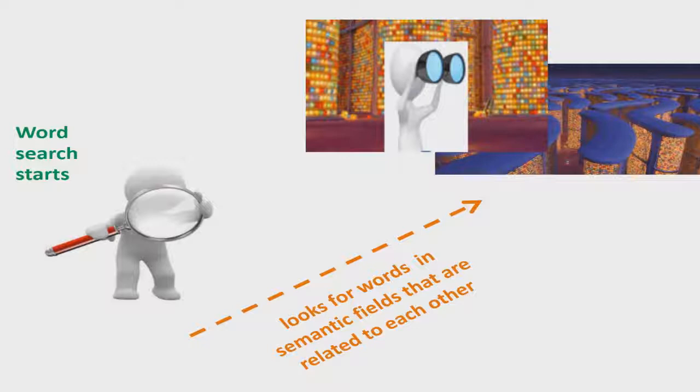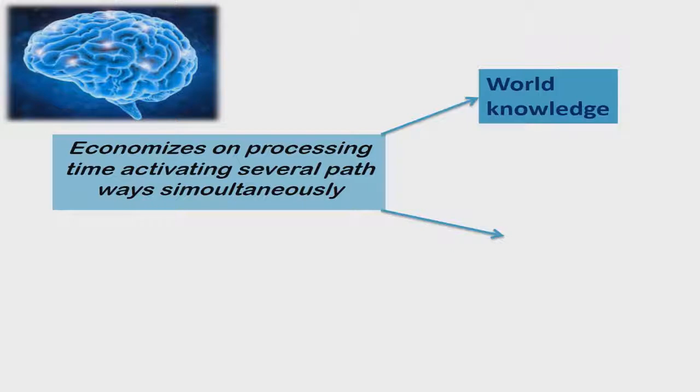Since the number of connections is enormous, the brain economizes on processing time, and several pathways will be activated simultaneously, moving across the networks in a process called spreading activation. Linked to this system, there are other areas of cognition involved. Word knowledge, memory, like personal or diary biography.